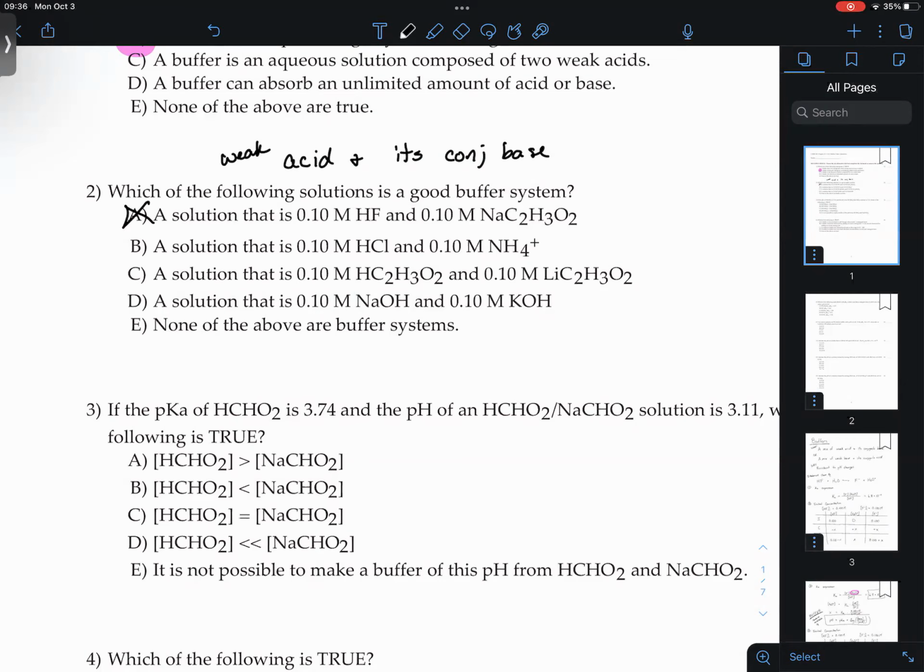HCl, strong acid, so get that one out of here. Likewise, D, NaOH, KOH, those are strong bases, so those aren't going to count here. But on C, we have a weak acid and its conjugate base. So C would be the correct answer for which of these solutions is a good buffer solution.